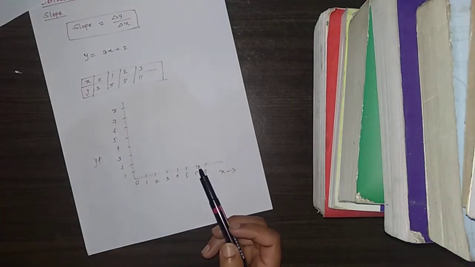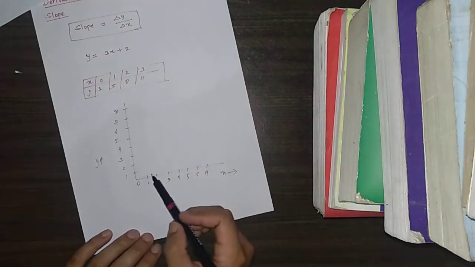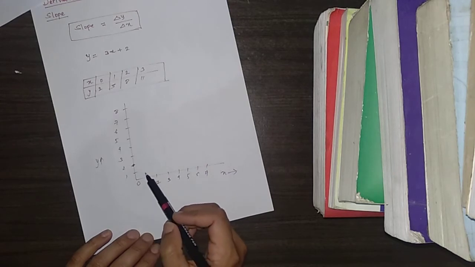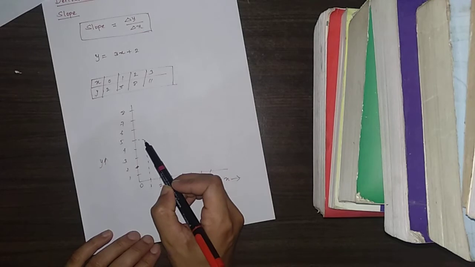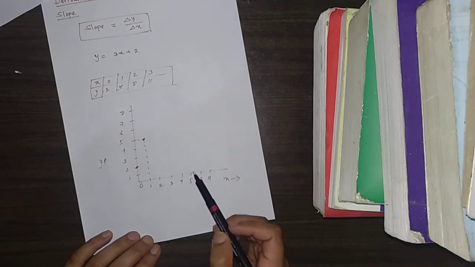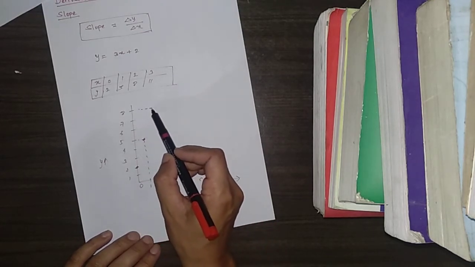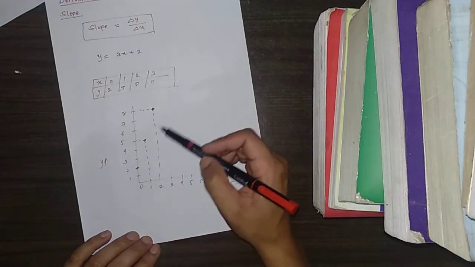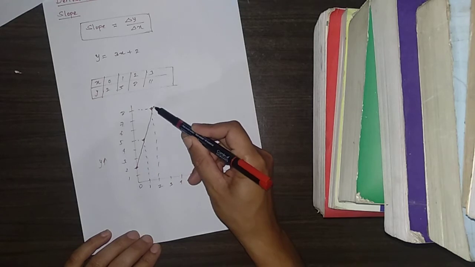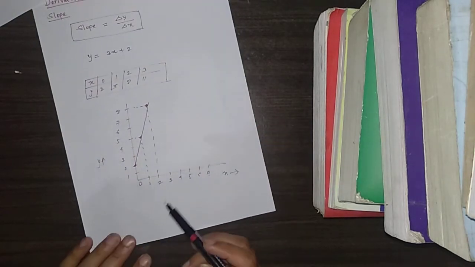Let's take 3 coordinates only. So (0, 2) is this point, (1, 5) is this point, and (2, 8) is this point. You'll get this kind of graph.